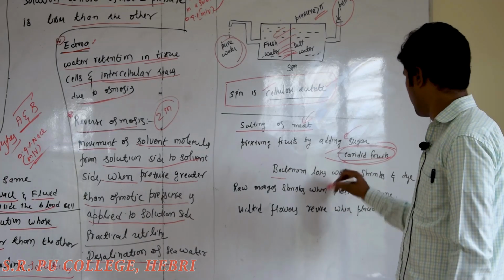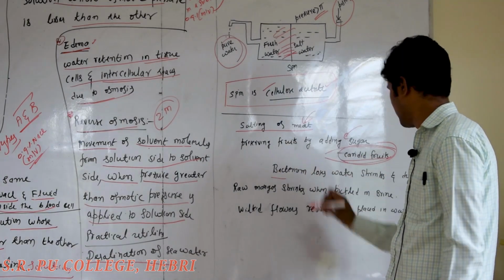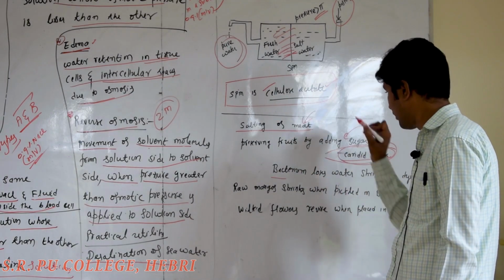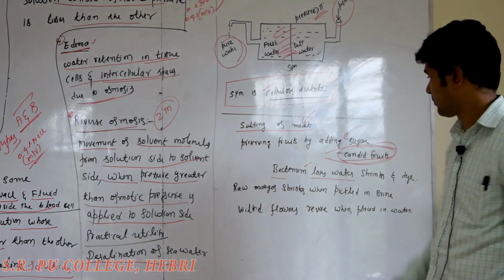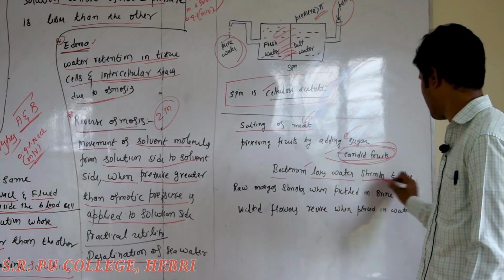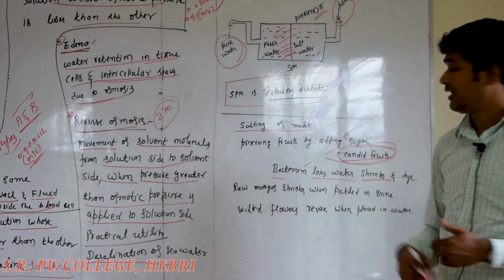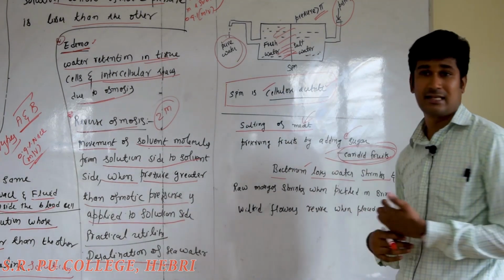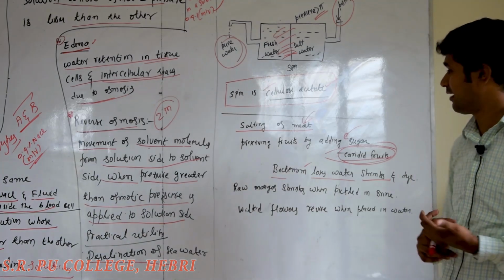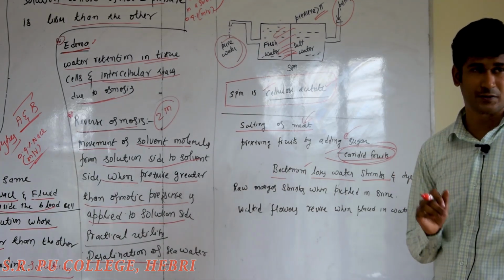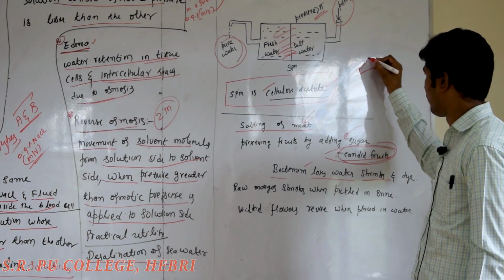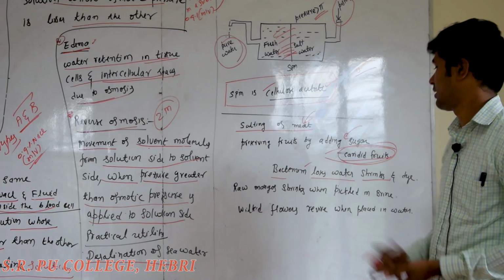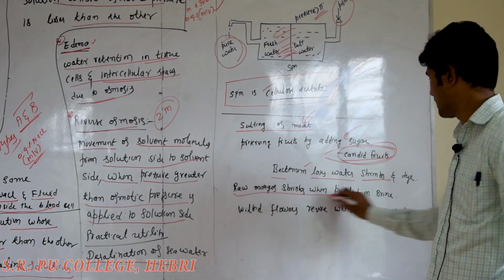But due to the presence of sugar or salt, the bacteria lose water due to osmosis, shrink and die. The bacteria cannot grow on the surface of salted meat or candied fruits because of osmosis. Understood? Yes. So these examples I have already given.